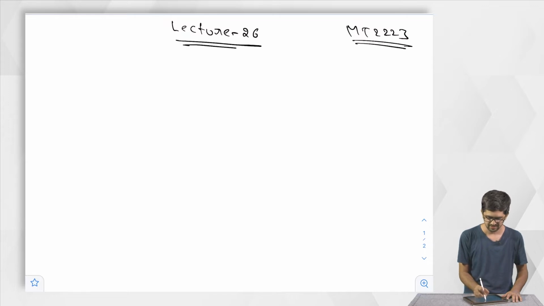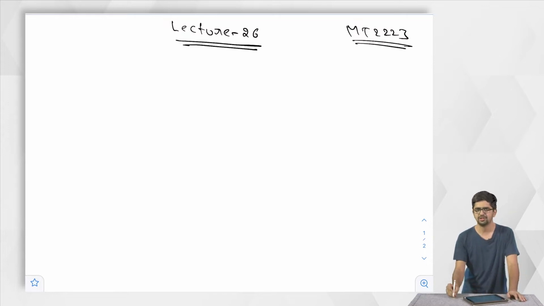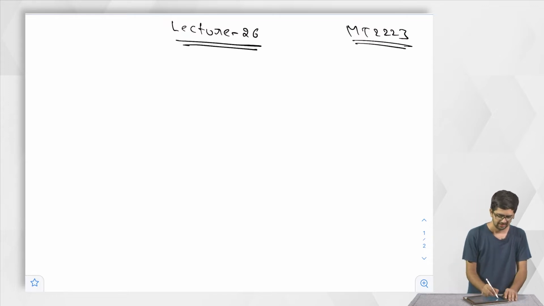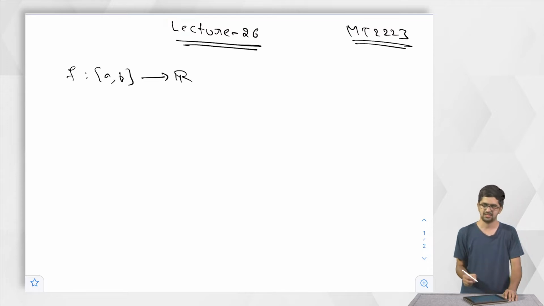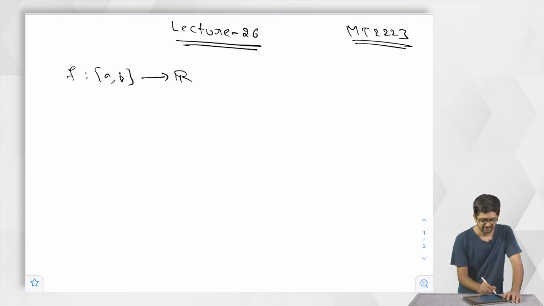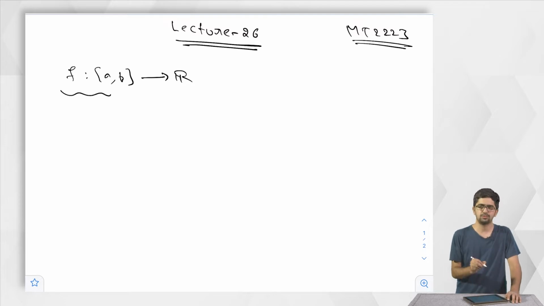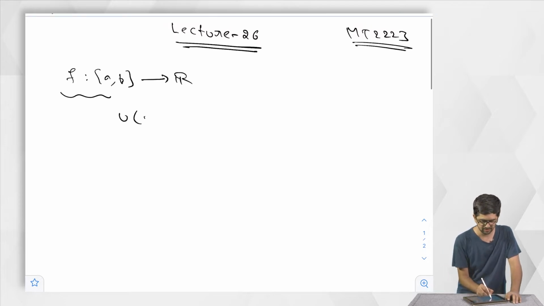In the last session, we have seen the notion of what is called an integrable function. A bounded function f from [a, b] to R is said to be integrable if some condition is satisfied. What is it? For this f, we have assigned two real numbers, one is U(f), one is L(f).